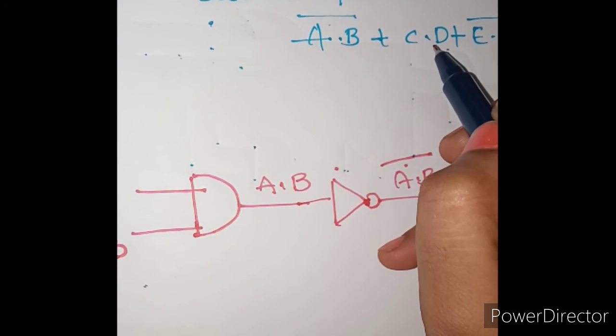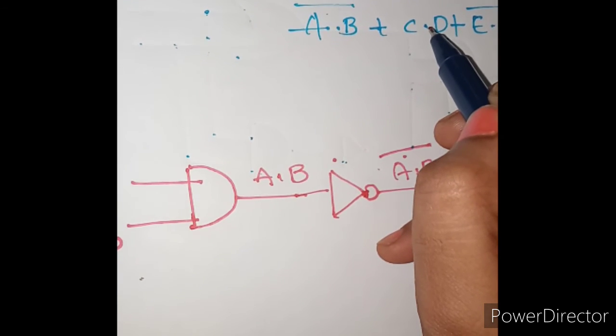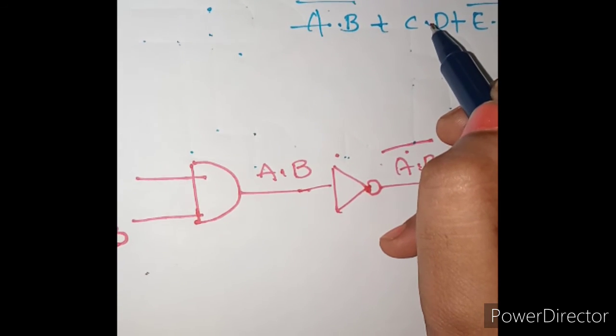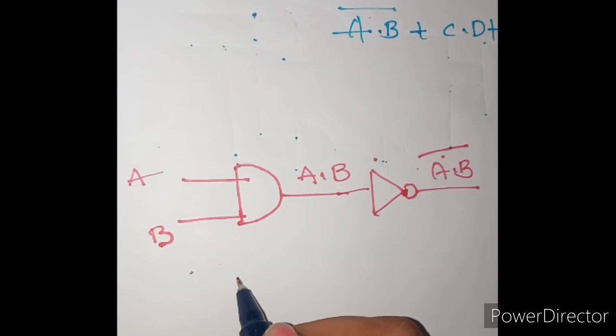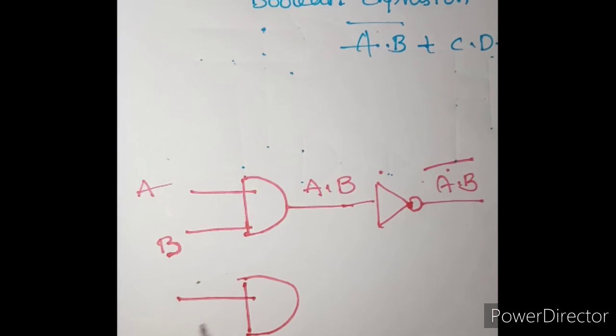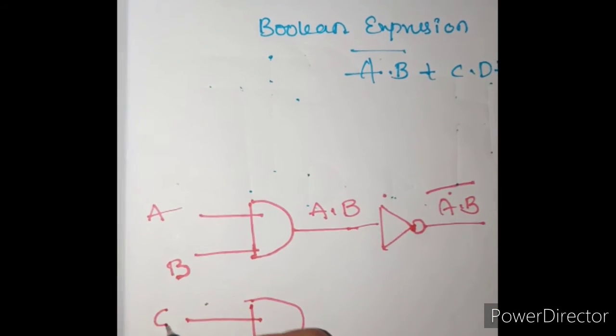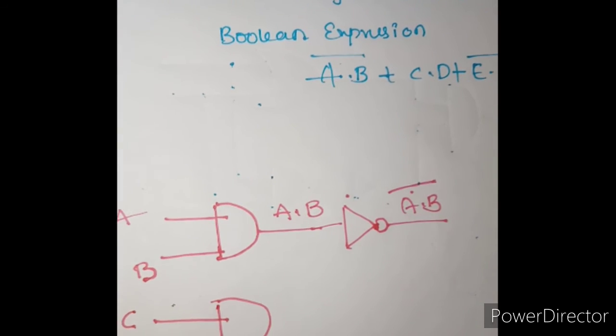Next, c dot d. C dot d is represented by an AND gate, so I can write again an AND gate. These inputs are c and d.